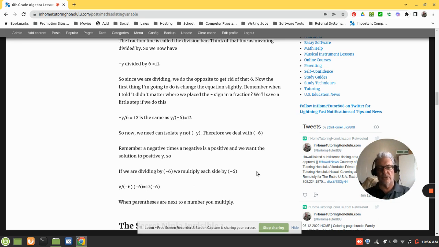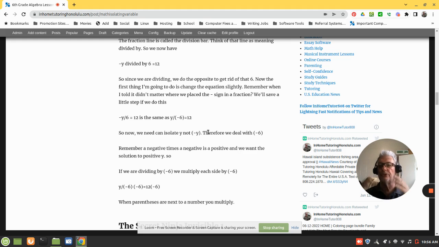So now we've got, right here, we're going to take this y divided by negative 6 instead of negative y divided by 6. There you go. Okay, but we still have a 6 to get rid of.